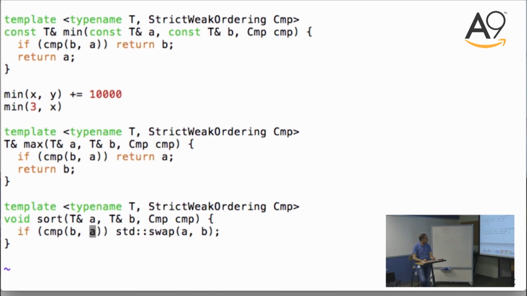Now, let's say we had written this the other way around. Some people could write this and swap A. What this will lead to is, if they are equal, every time you call it, they'll be swapped. And you want stability.